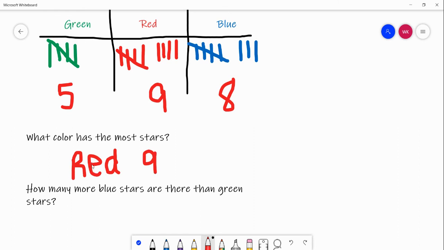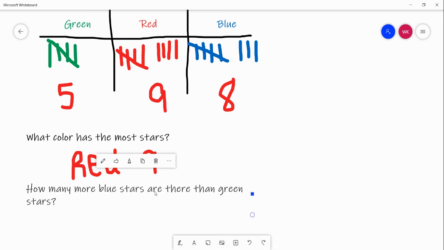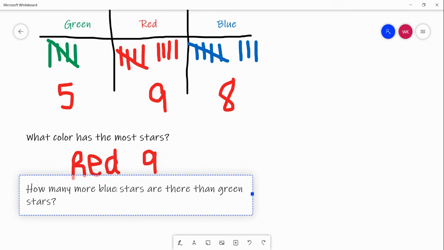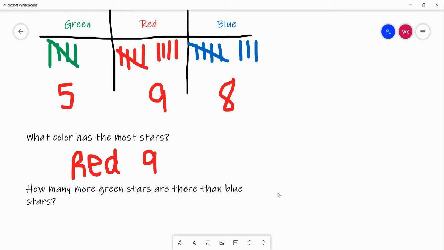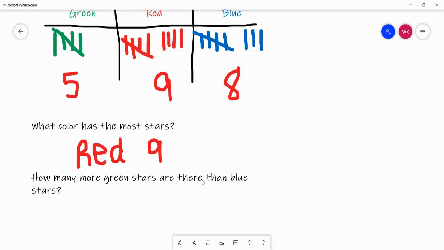All right, and my last question for you guys is, how many more blue stars, no, sorry, that should say, how many more green stars are there than blue stars? Nope, that was correct.